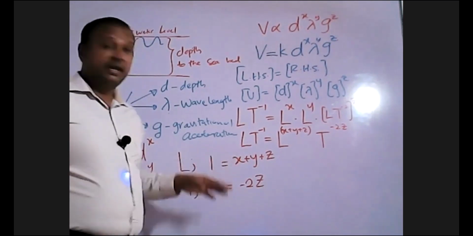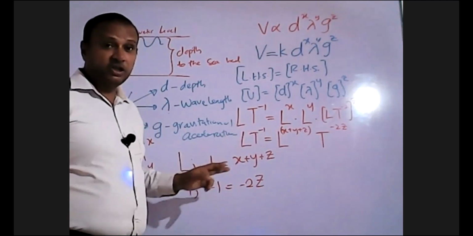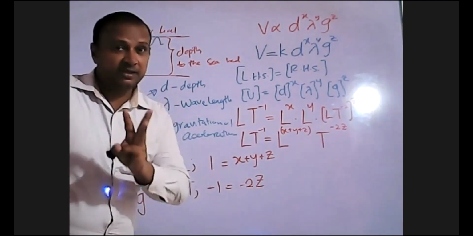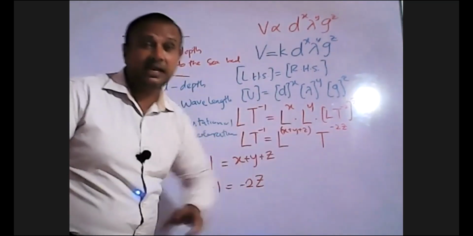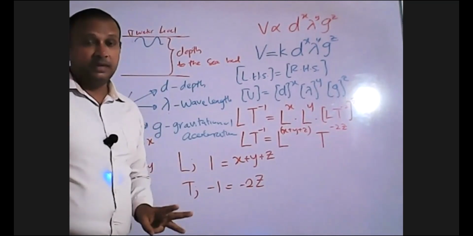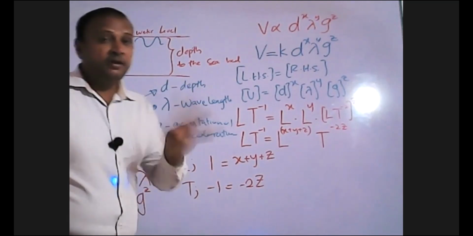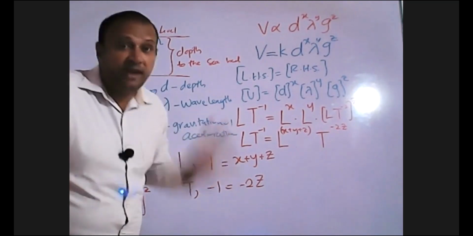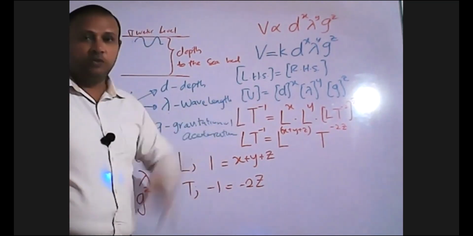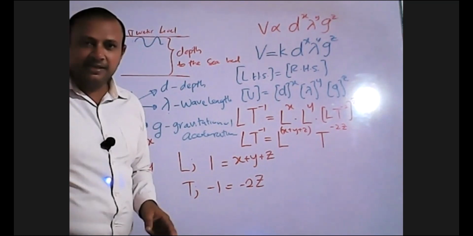In this equation, actually there are three unknown factors: x, y, and z.